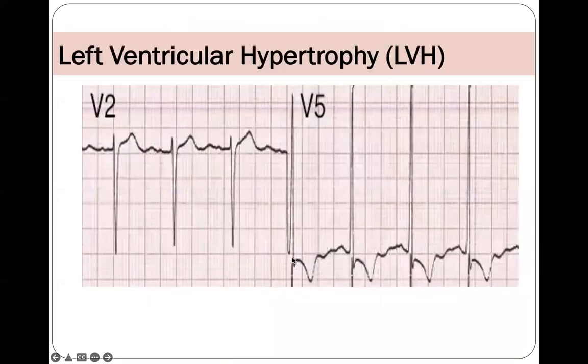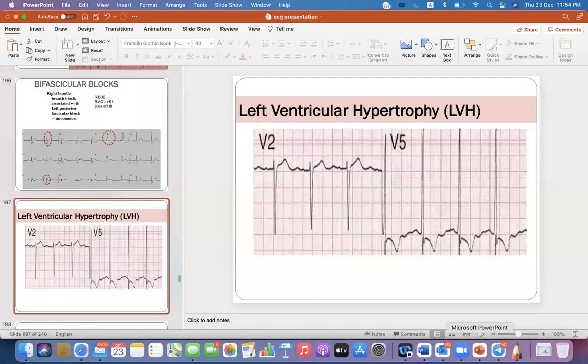Okay, then we'll go through the pathology that changes the amplitude and makes the QRS complex wider, which is ventricular hypertrophy. The first one is left ventricular hypertrophy, and the second one is right ventricular hypertrophy. And in order to make it very easy, let's go to the whiteboard.